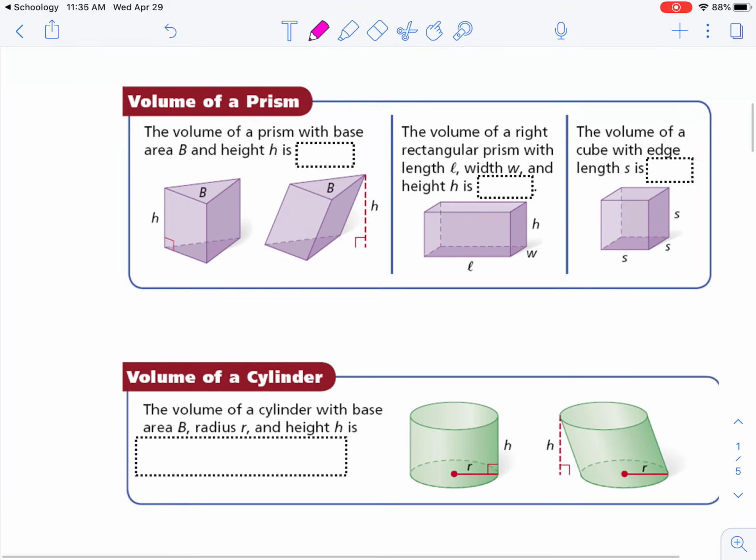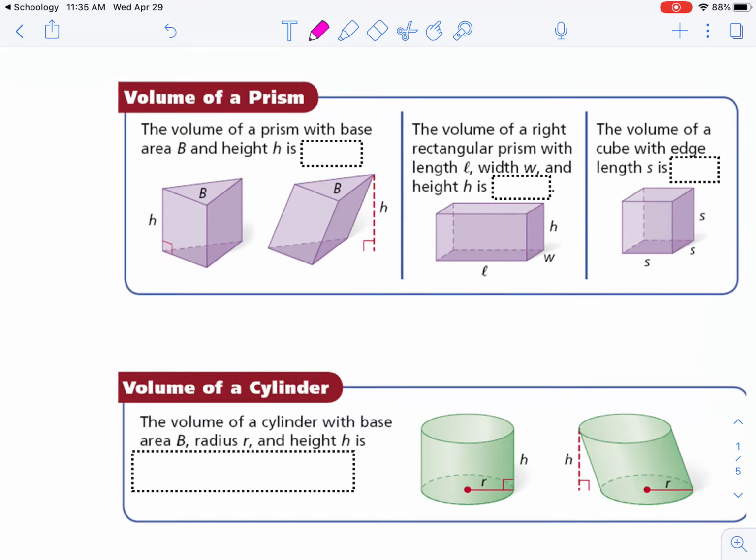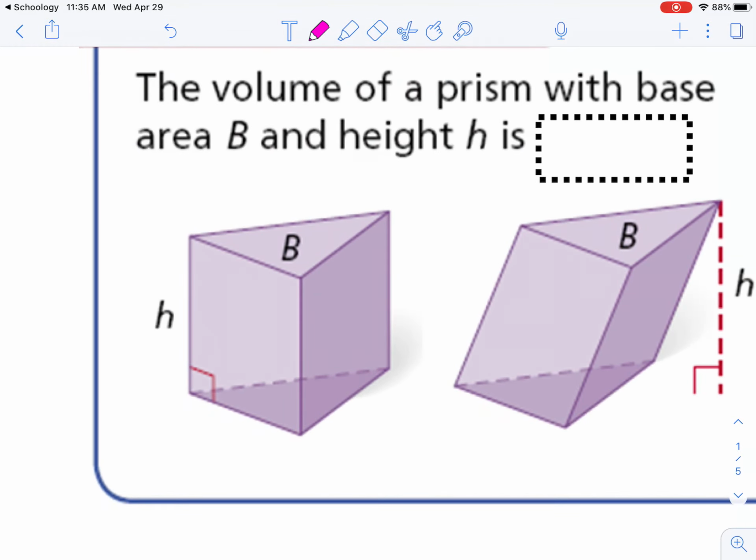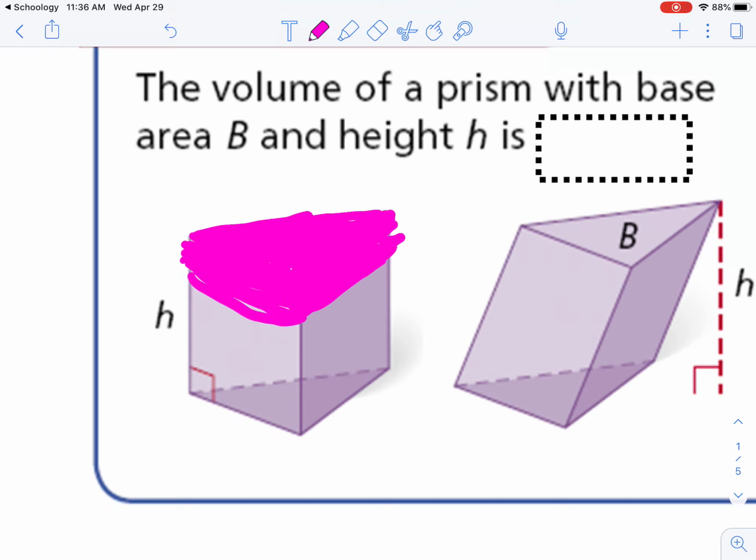Okay, so let's talk about those volumes. All right, so the volume of a prism with an area B and a height H is, so if you think about this, it's so much easier to show in person, but here's the base, right? And if I fill that in, that's the area of the base, okay? So now if I draw another one, fill it in, draw another one, fill it in, and I keep going, that's going to give me the volume.